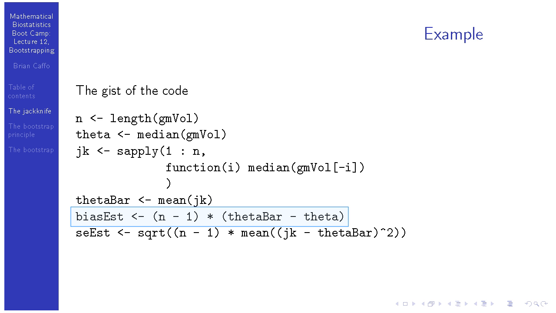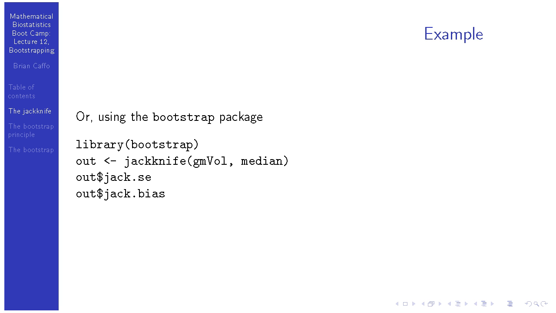Then my bias estimate is going to be n-1 times the difference between theta bar and theta hat. And the standard error is going to be the square root of n-1 times the average squared deviation of the jackknife estimates around the average of the jackknife estimates. On the next page, it's a lot easier to do this if you just use the software.